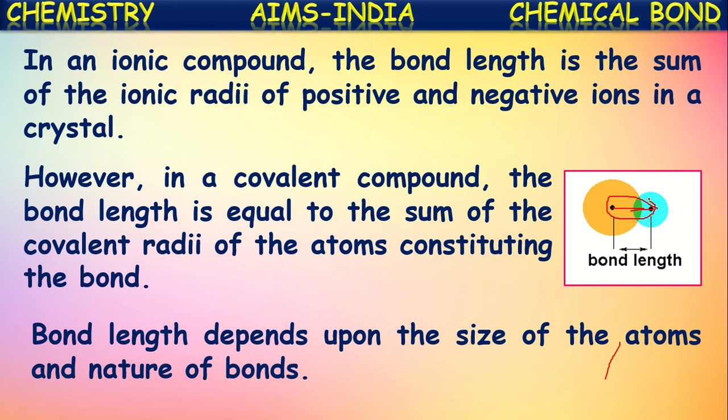If it is a weaker bond, then the atoms will be held loosely, a little apart from each other, and hence the bond length will be greater. In that way, bond length depends upon the size of the atoms participating in the bond formation. At the same time, the nature of the bond also affects it.